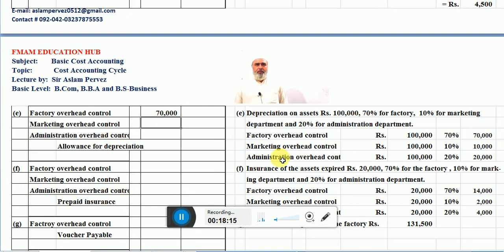Now the marketing overhead control is 10% out of 100,000 rupees. This is 10,000 rupees. Now we charge here marketing overhead control 10,000 rupees. Now students, administration overhead cost is 20,000 rupees. This is 20% of 100,000 rupees. The amount is 20,000 rupees here.